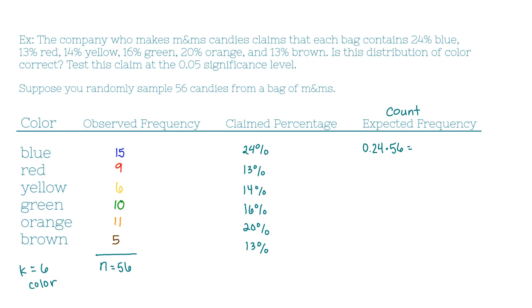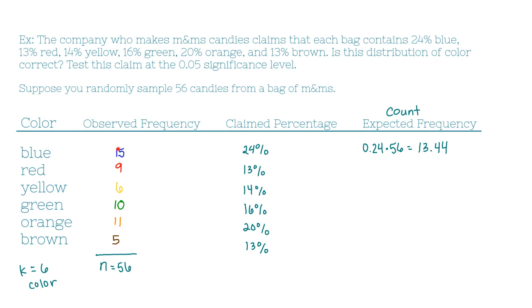That's how we get our expected frequency. So 0.24 times 56 is 13.44. So our observed values have to be whole numbers, but our expected counts, our expected frequencies can be decimals. So we expect in any random sample of 56 M&Ms, we expect 13.4 of them to be blue M&Ms.